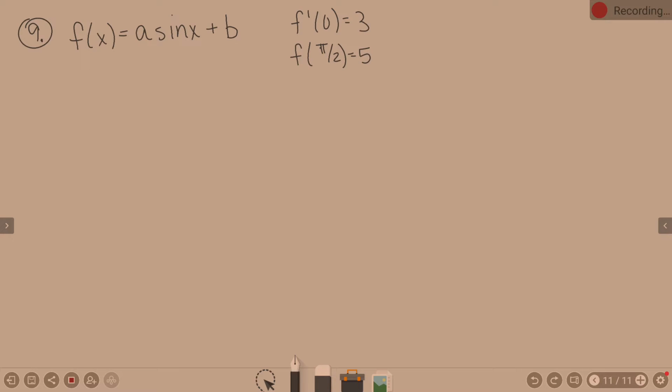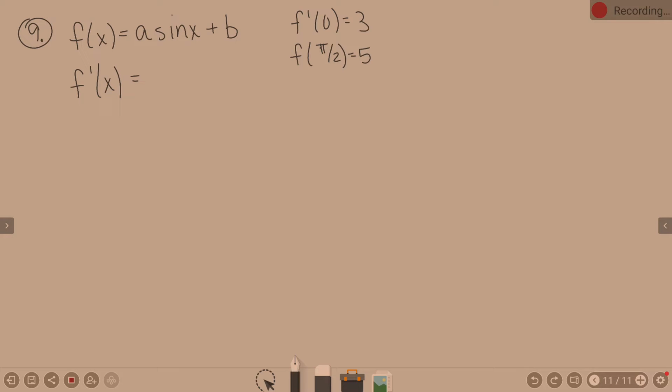Do you guys have a preference? I mean, they both need done. I'm not really sure order matters until you get to the end and you see what all you have. Does that make sense? Because I think I would probably go derivative first. Maybe. I don't know. Doesn't matter.